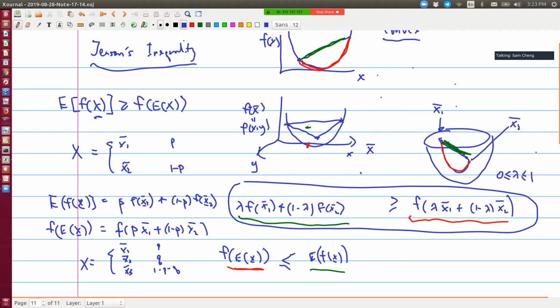Of course, you can use induction to show that Jensen inequality holds for any discrete distribution, and then using calculus and taking limits, the continuous case will hold as well. But I'm not going to prove that. The inequality itself is very intuitive actually. So any question with that?